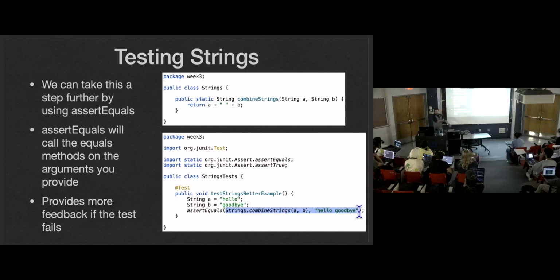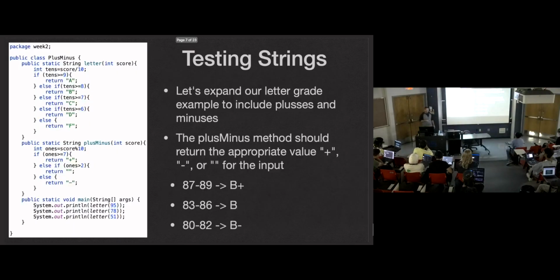So I'll have those printed backwards, which doesn't really matter, but I really should update the code in the slides. Okay, so whenever we compare strings, we're using the equals method or assert equals. Never use equal equal to compare strings.